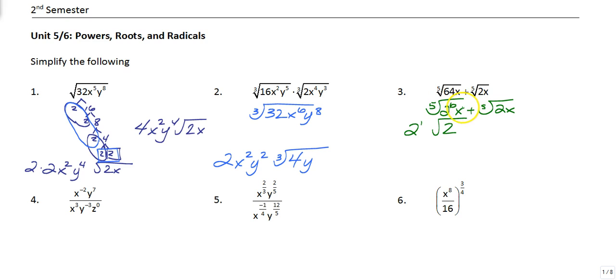Now 5 does not go into 1 at all, so that just stays in there. So we have 2 5th root of 2x plus another 5th root of 2x, and that's going to give us 3 5th roots of 2x. Okay? So when you add, you must have identical radicals.